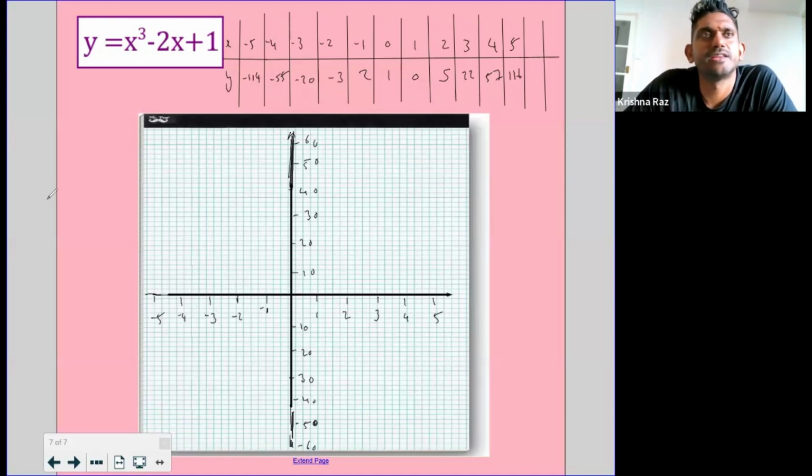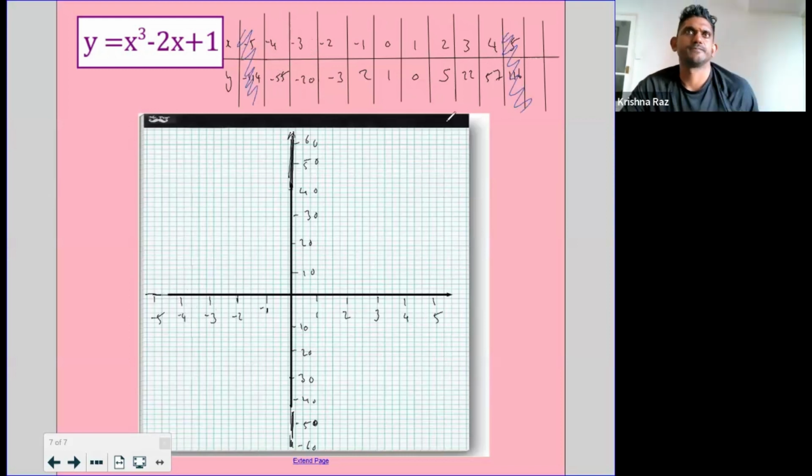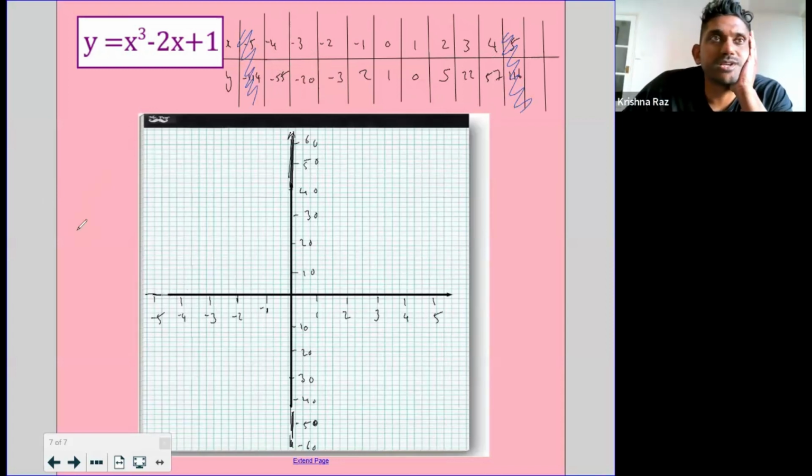I won't be able to fit in the outside values, but I can fit in everything else. And then this will give us the curve.